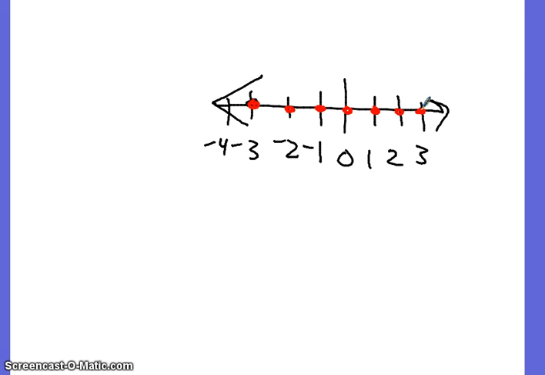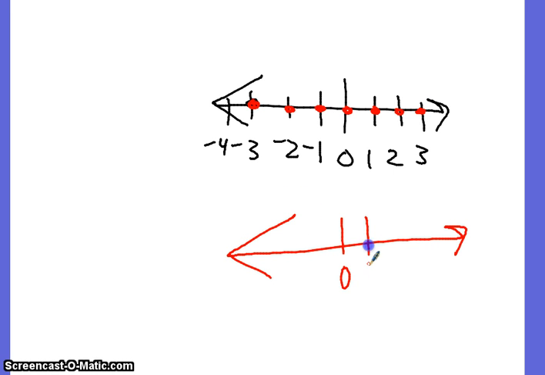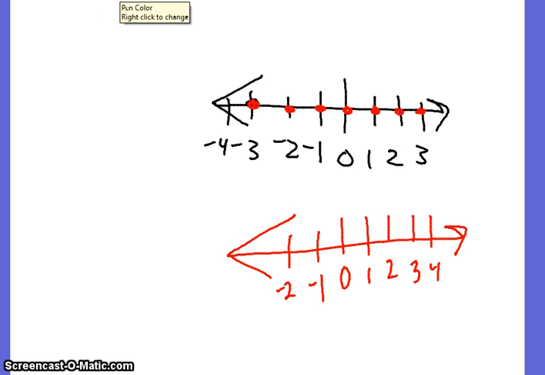If I had a number line, here's another number line. If you were told graph the whole numbers, which dots would I use? Just graph the whole numbers. Looking at your chart, you should be able to know that.